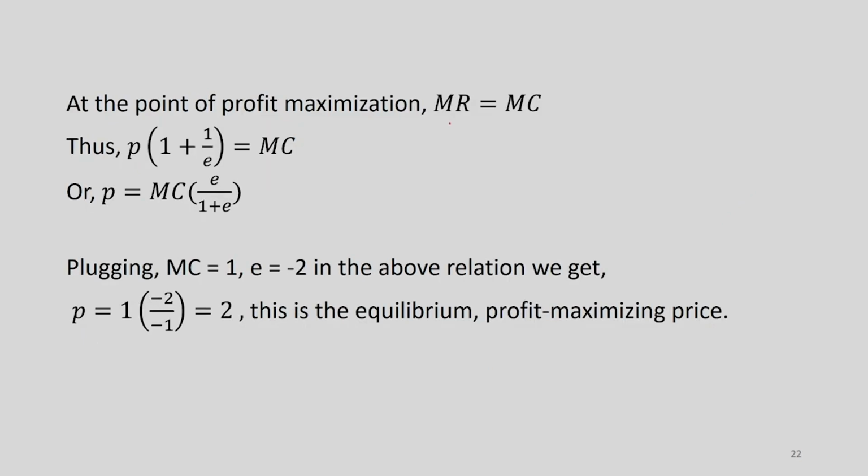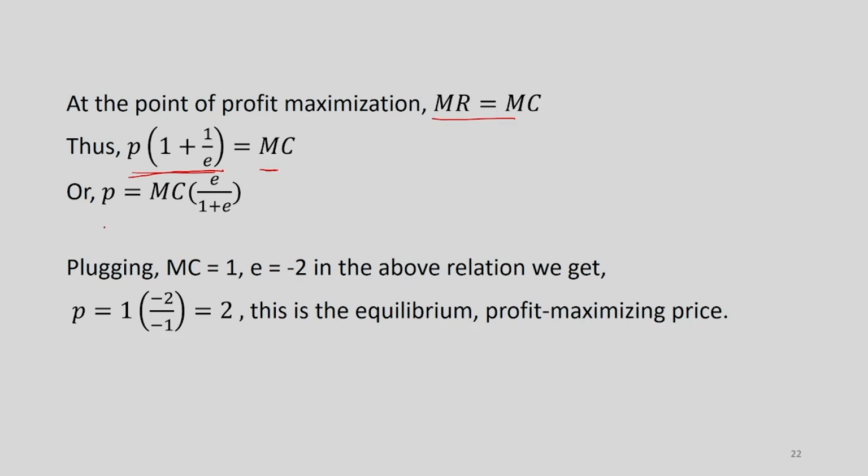Now, as we know further, it is given in the question that at the point of profit maximization, MR is equal to MC, okay, that is given. Now, we use that fact and the fact that marginal revenue is this, the left hand side, P multiplied by 1 plus 1 divided by e, and that is equal to MC in the equilibrium.